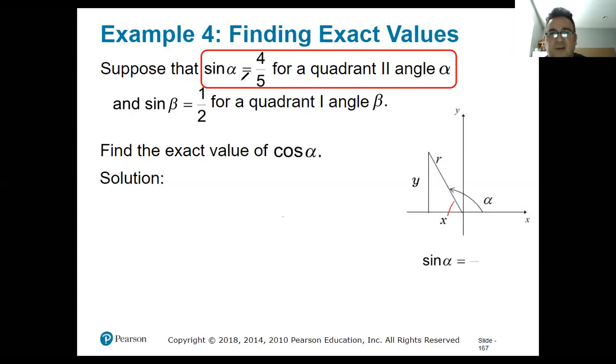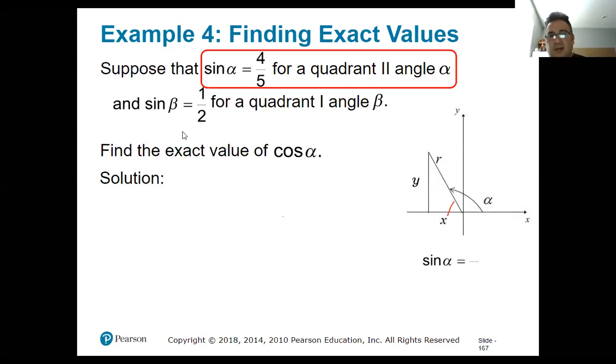So what's sine of alpha going to be? Sine is what? Opposite over hypotenuse, right? So what's the opposite that angle? Opposite is y over r. Good, just saying y over r, right?